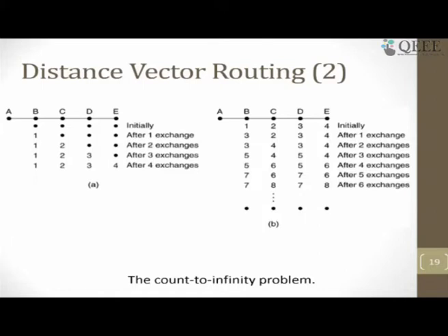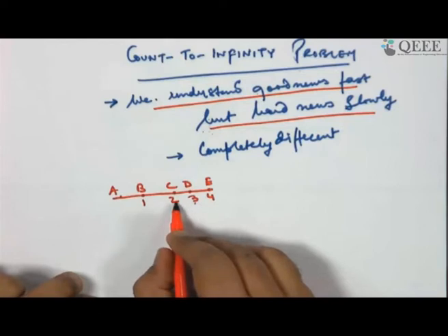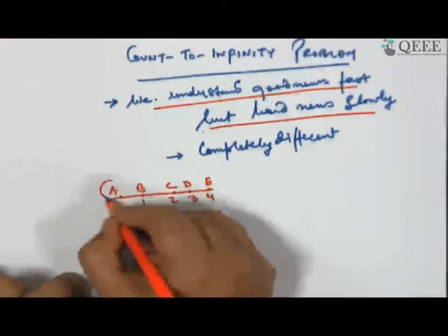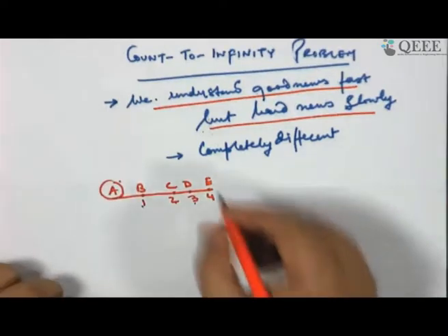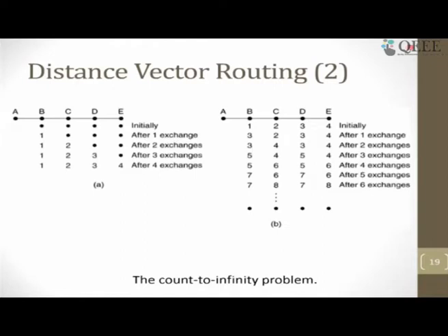So, E is at 4 hops, while D is at 3 hops, C is at 2 hops and B is at 1 hop to A. Okay, fine.